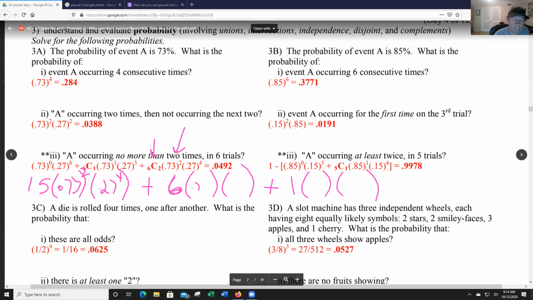So I'm going to put 0.73 to the 1st and 0.27 to the 5th, because if it occurs once, it doesn't occur 5 times. And the last one is occurring no times. That means 0.73 never happened. And by the way, 0.73 to the 0 is 1, and 0.27 to the 6th.